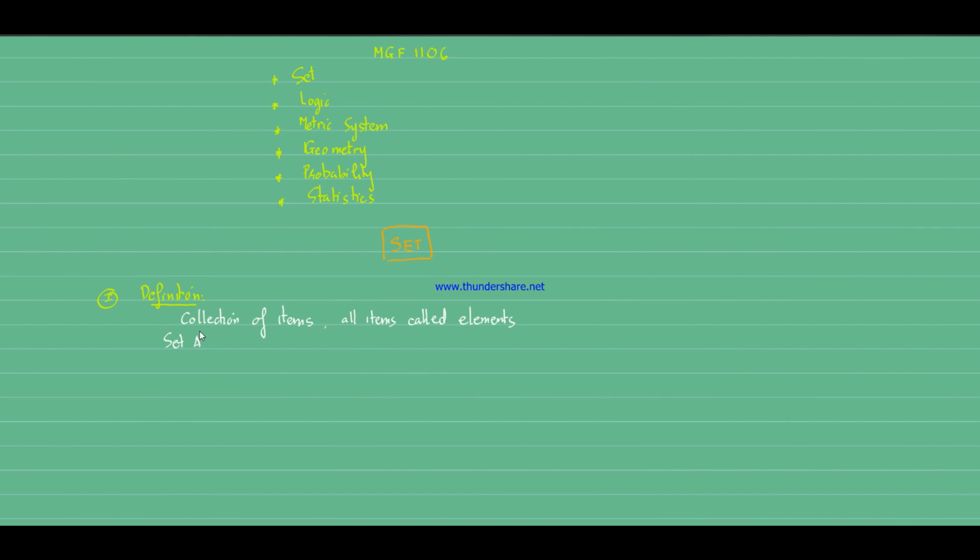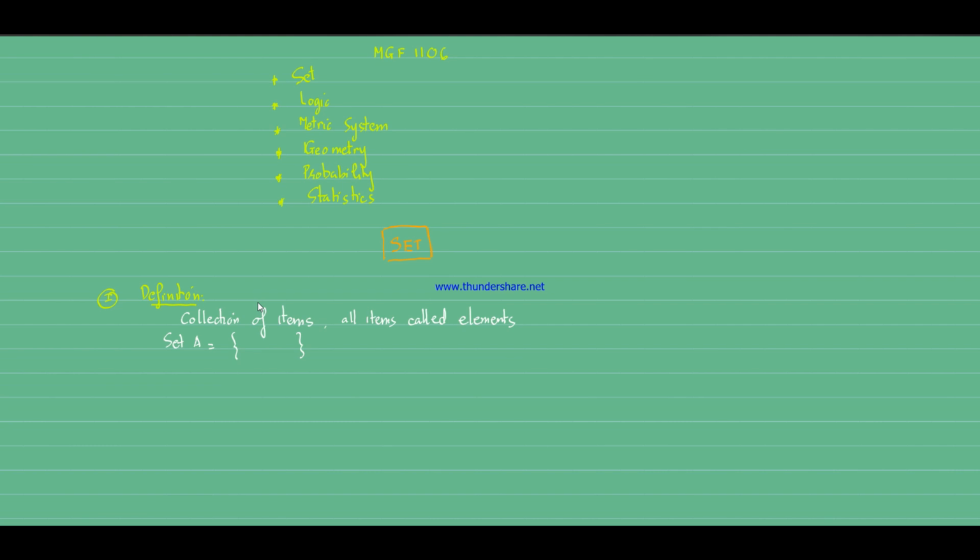I can write set A equals, and use curly brackets like this, and inside the curly brackets we have different items. For example, we have a set of furniture, then we have different types of furniture here. Or we have a set of integers, then we have different types of integers, such as positive integers or negative integers.